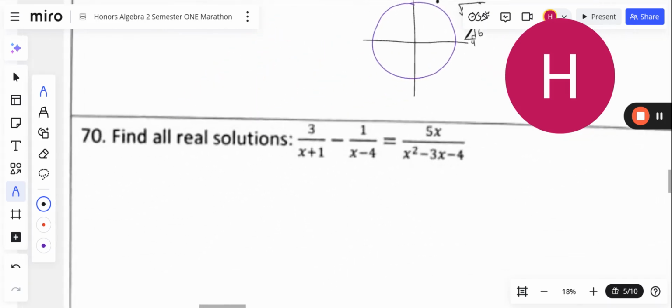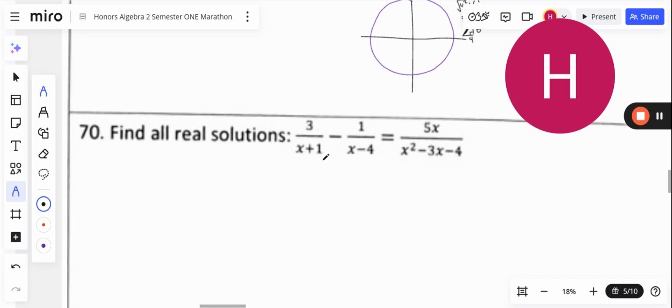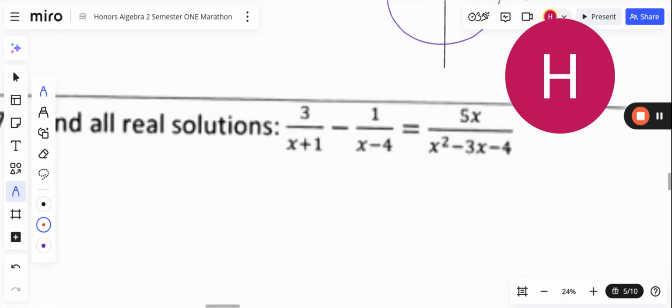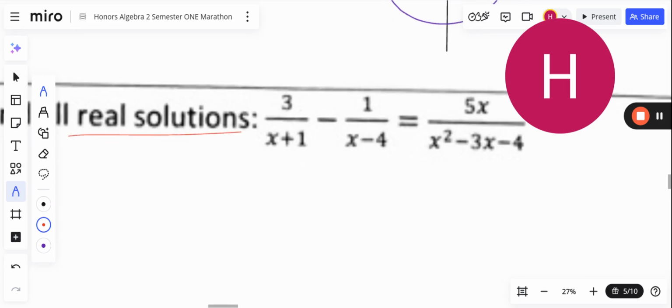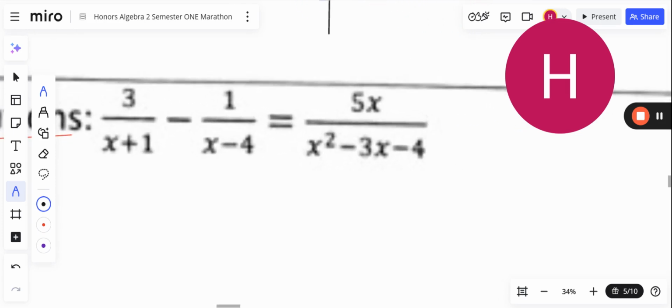Okay, great. Back to these rational situations where we're finding all real solutions. We have to exclude some values first. So let's go ahead and factor this. This is nicely going to factor to x minus 4, x plus 1. If you can't see it, it's a 5x on top.